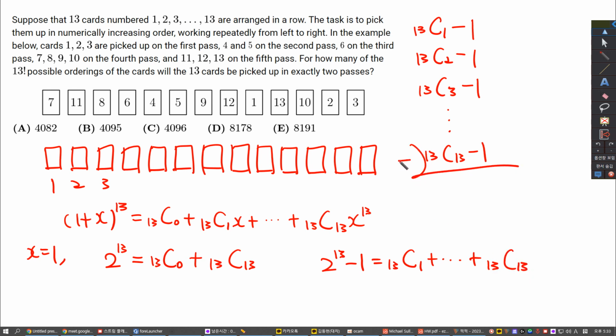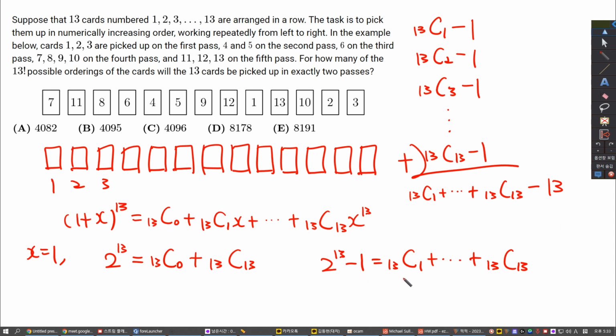When we add this all together, we want to find the value of 13C1 through 13C13, and we should subtract 13, since 1 times 13 is 13.